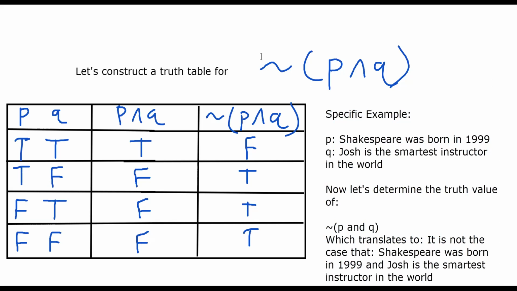Well, wait a minute. We already have our not P and Q column all fleshed out. All we got to do is determine which combination of truth values illustrates this situation.